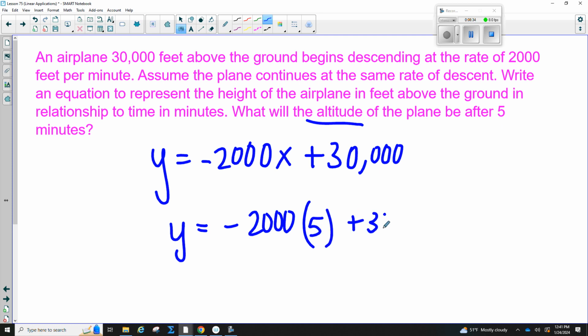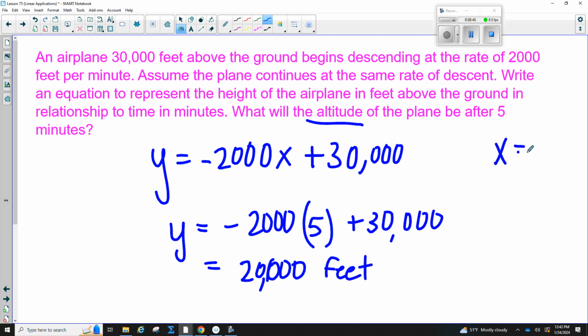Because we're descending, that'd be -10,000 plus 30,000, so 20,000 feet. And off to the side, X in this problem would be minutes because we're descending per minute, and Y would be the total height in feet of the airplane.